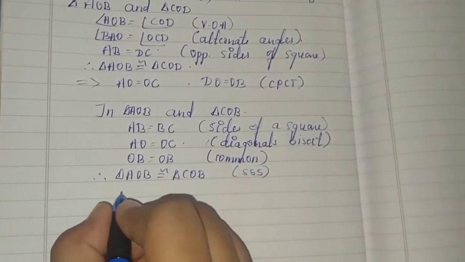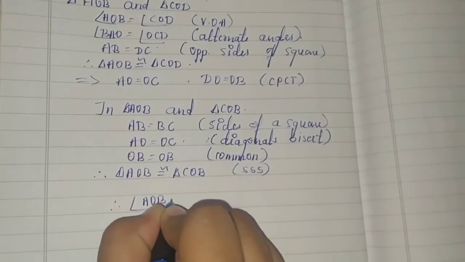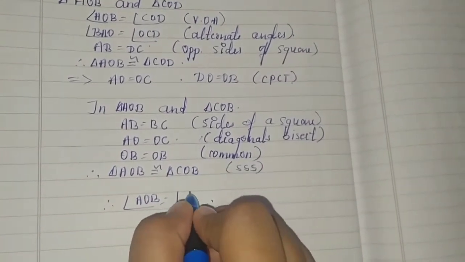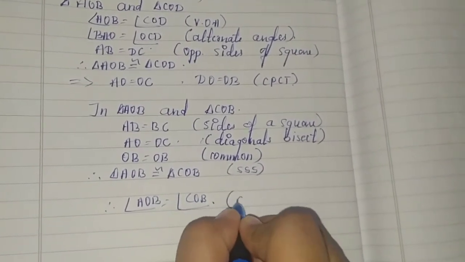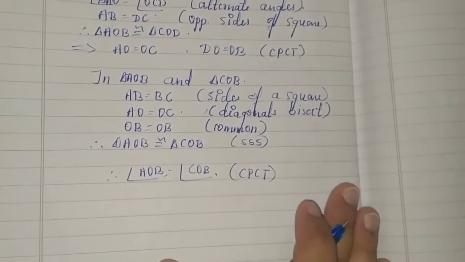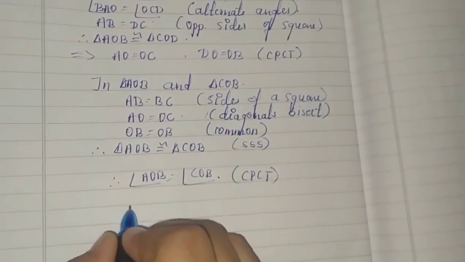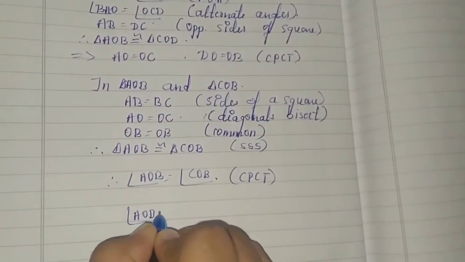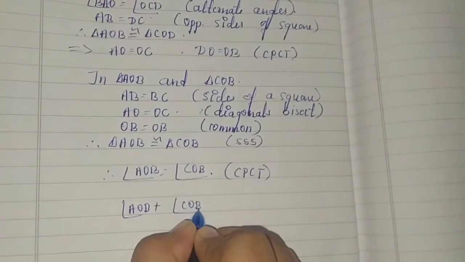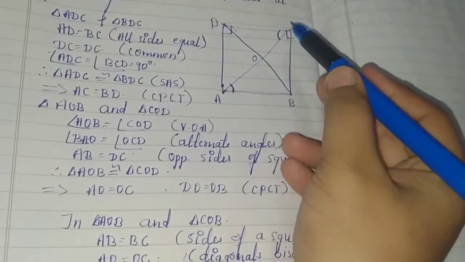So after applying that, what are you going to get here? Therefore, angle AOB is equal to angle COB, because CPCT, corresponding parts of congruent triangles are always equal. Okay, so now we know that angle AOB plus angle COB is equal to 180 degrees, because here you can see AC is a straight line.